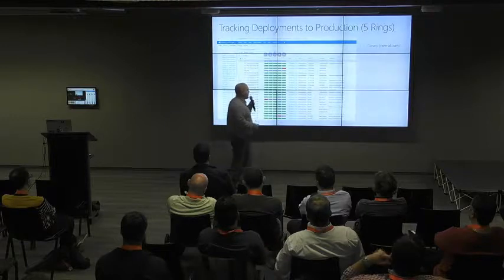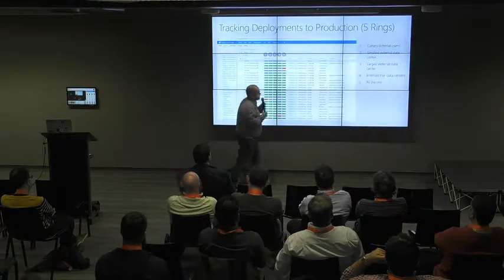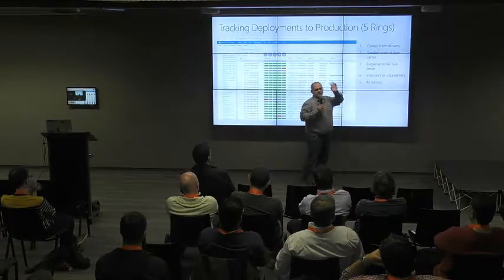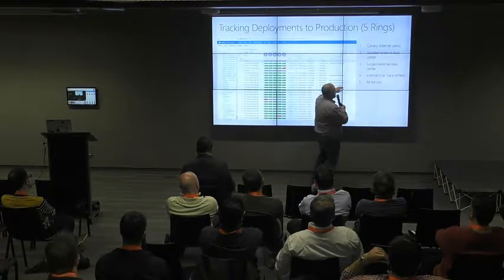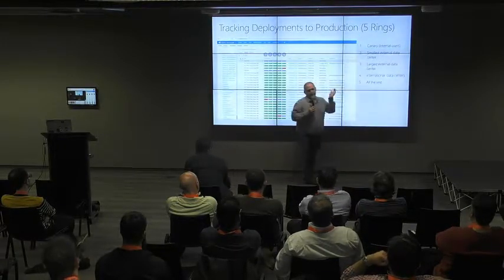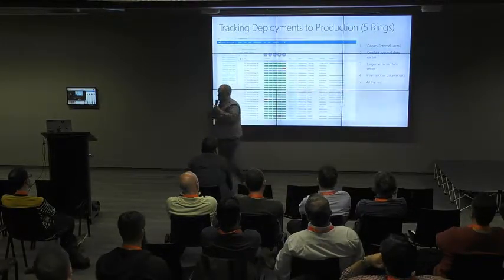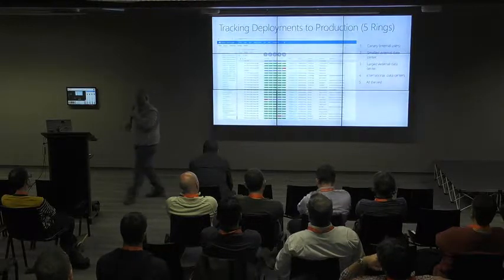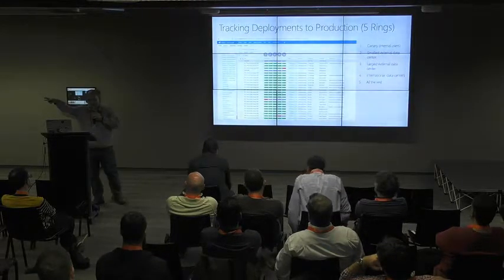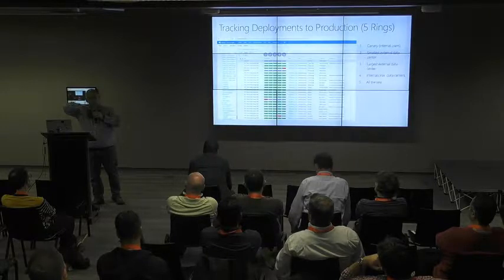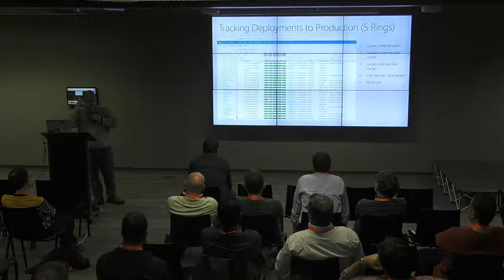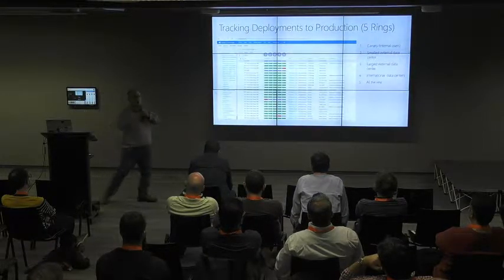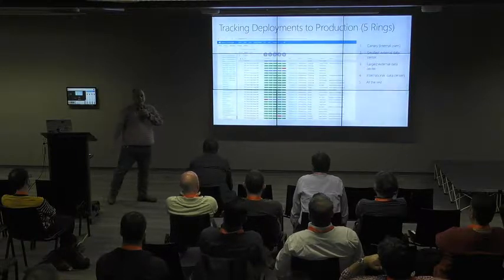So we've got 5 rings of data centers, of clusters of Azure regions. We start off with one where we have a lot of internal users, so us and some of our MVPs. And then we go to our smallest external data center. So we actually deploy with real people, but the smallest one, so we can figure out if it's going to work or not. Then we go to our biggest data center with real people in.